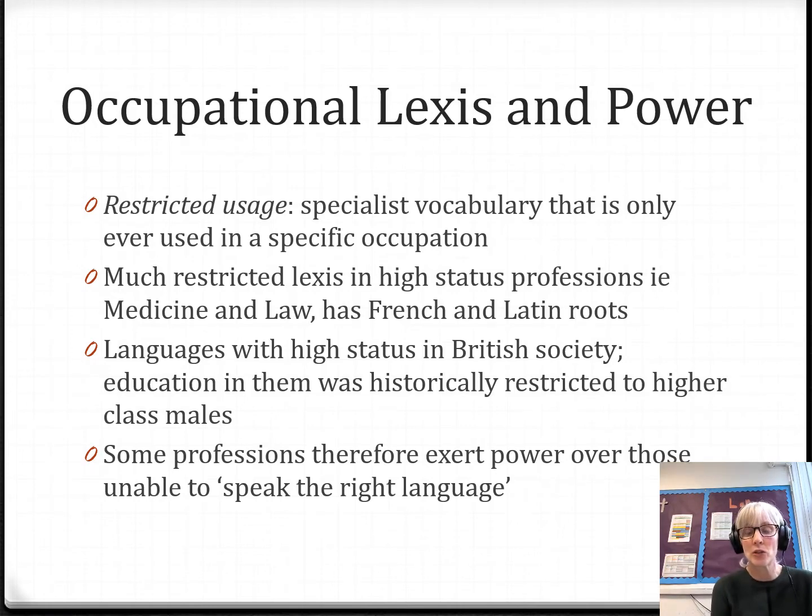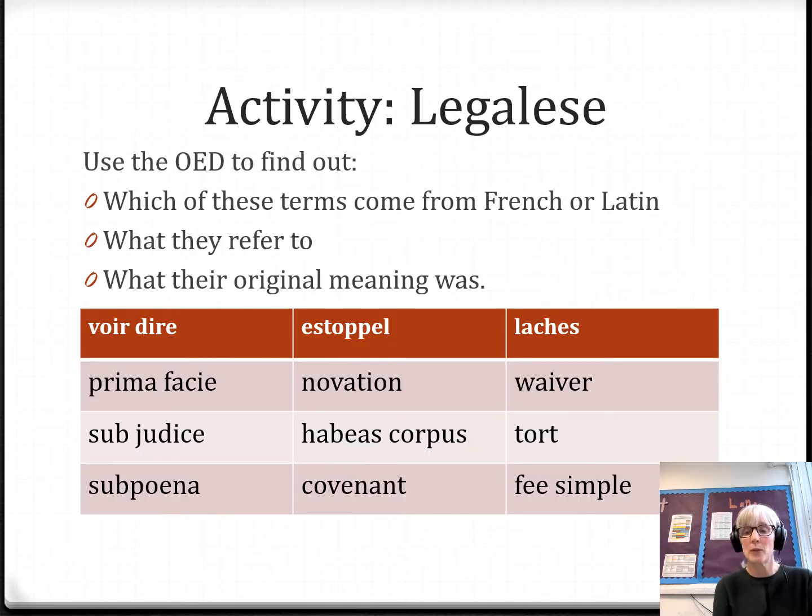Professions that use this kind of language can exert power over the commoners who are unable to speak this language. You will remember doing this activity, looking at the language of law and how many of these words come from Latin or Old French, and how they create a language completely opaque to outsiders.